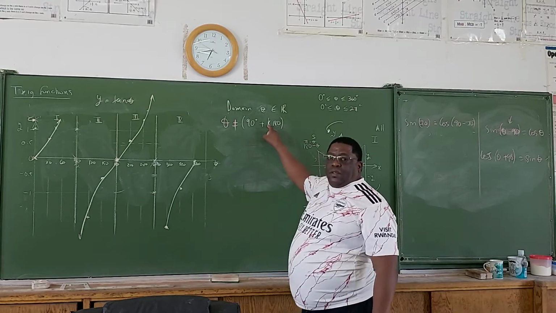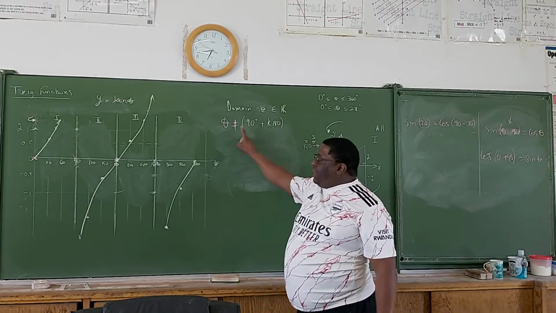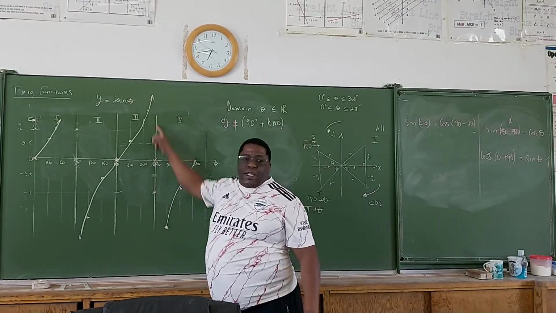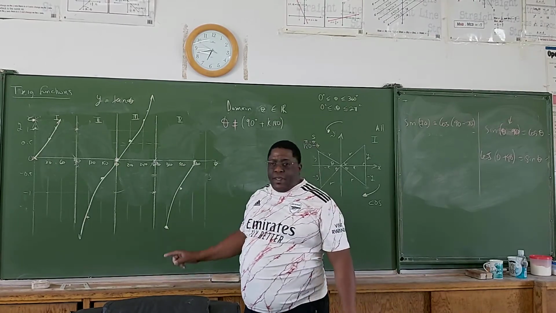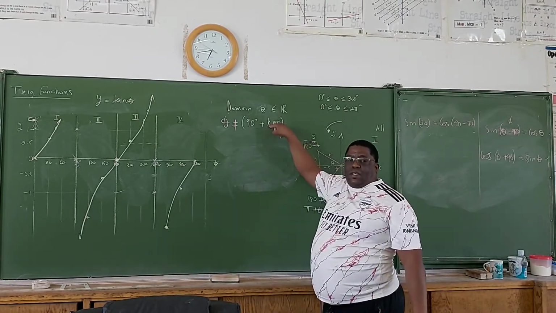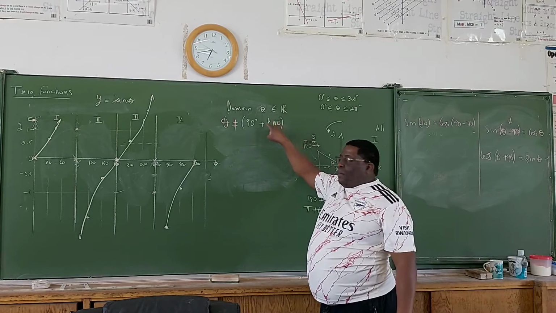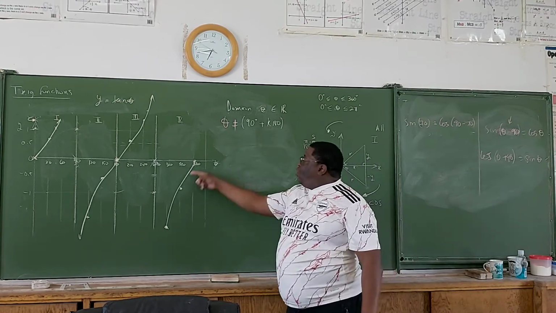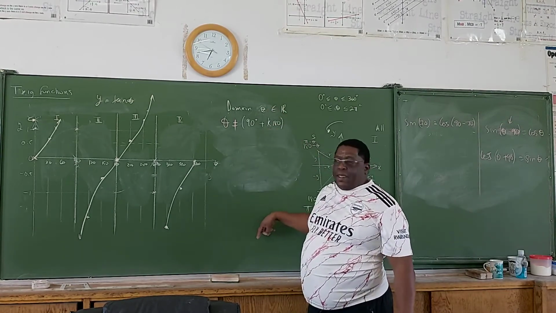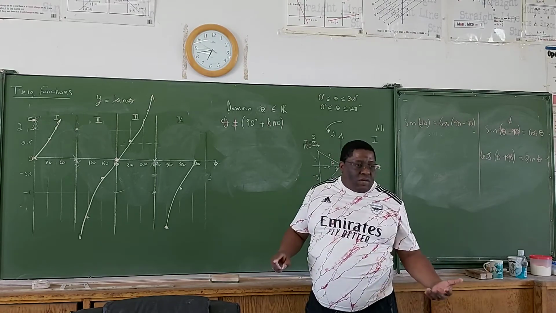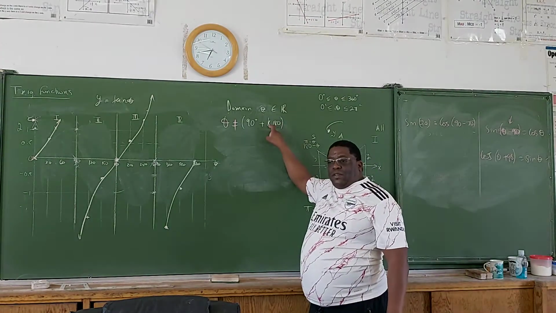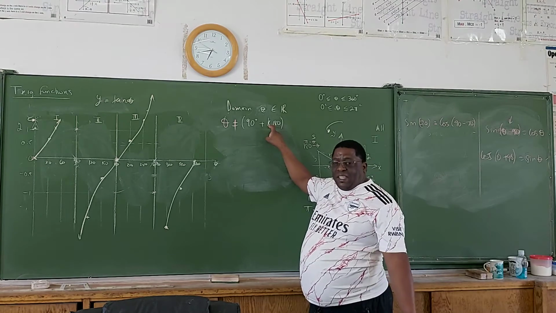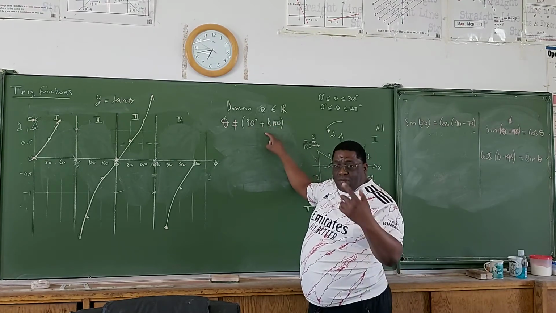If k is 1, 180 times 1 plus 90 gives you 270. You also realize that graph will never pass 270. If k is 2, 2 times 180 is 360, plus 90 is 540. So this is going to go 540, but it will never cut it. Now I decided let us use negative 1. If k is negative 1, it's negative 90, because 90 minus 180 is negative 90.